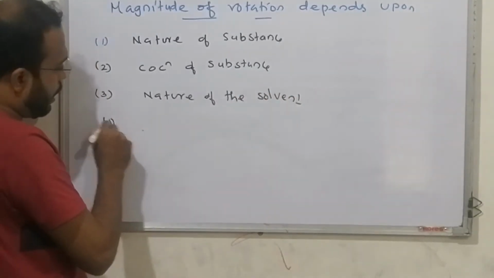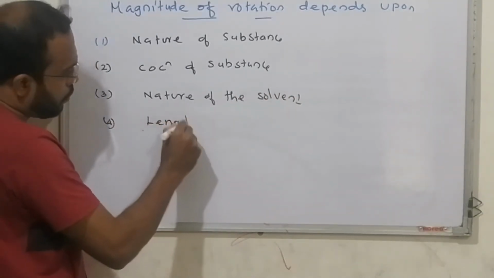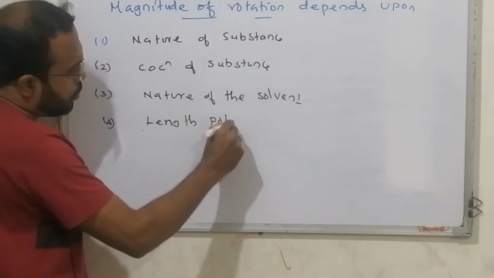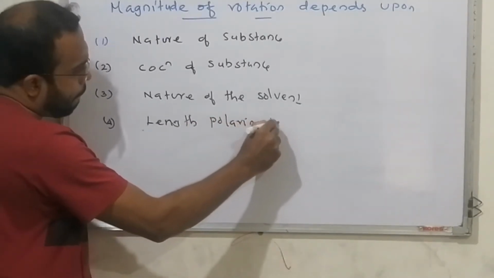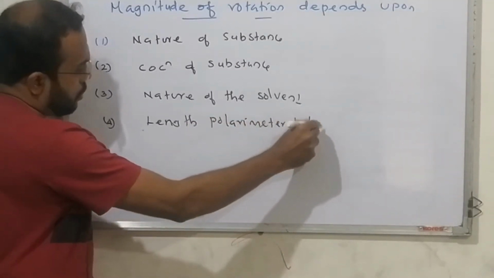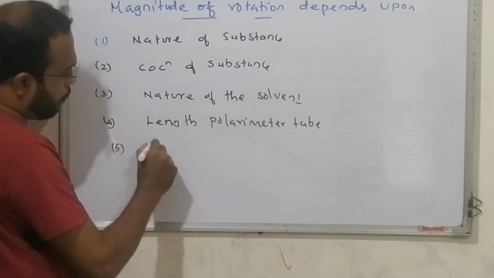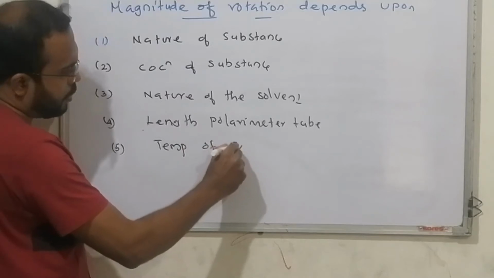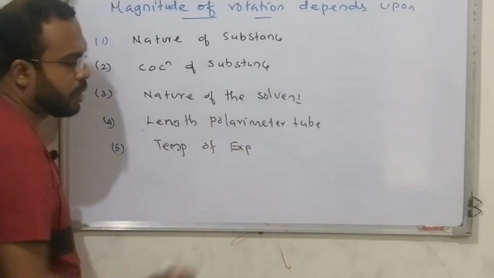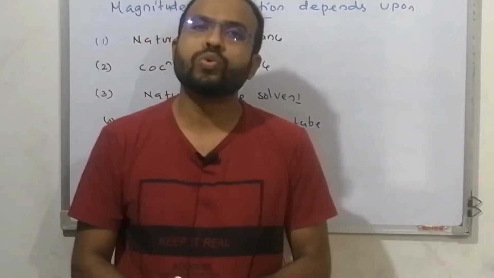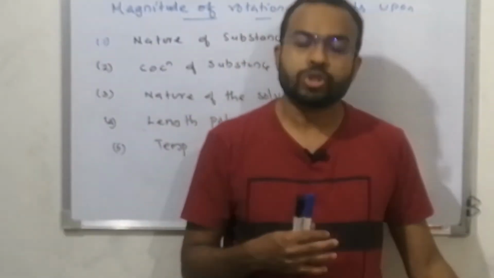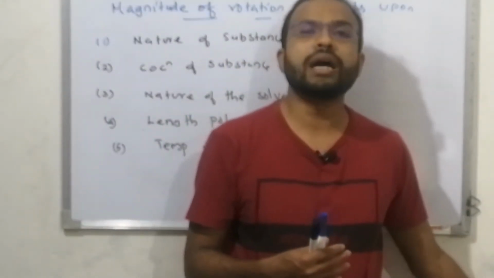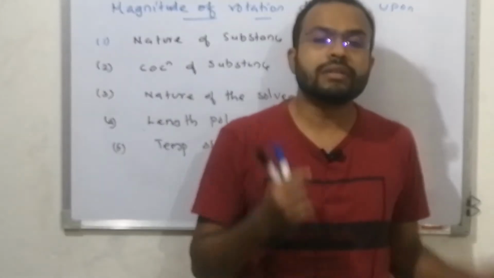Fourth, length of polarimeter tube. Fifth, temperature at which you are doing the experiment.